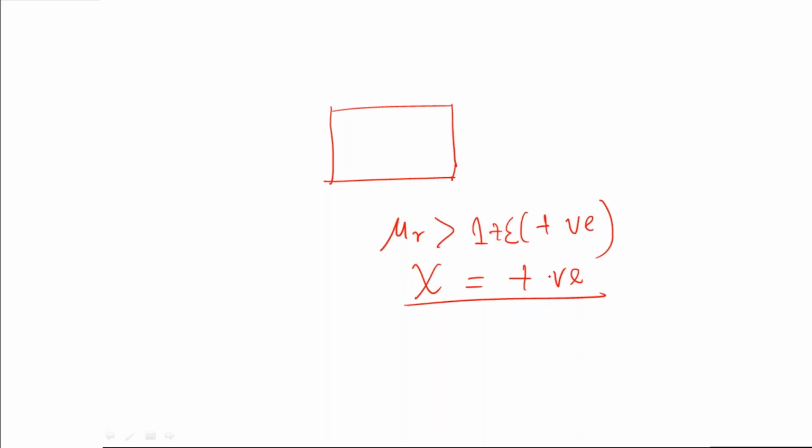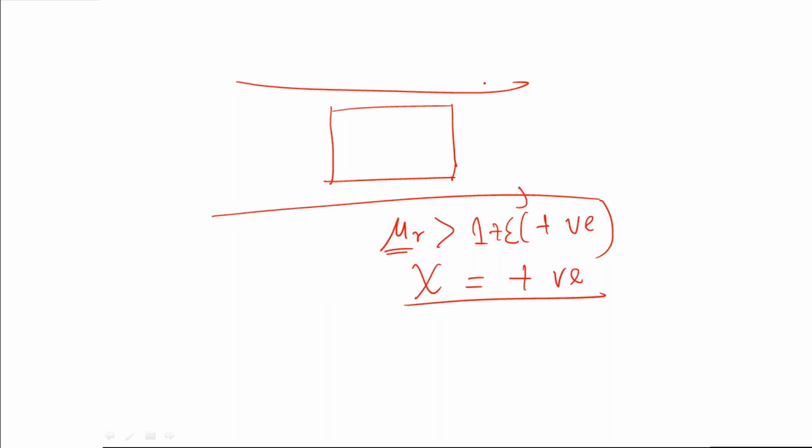Now I'll tell you one thing. In this case, the paramagnetic material has mu r greater than 1, and it is positive. Obviously chi also is positive, because mu r is slightly greater than 1. Chi positive means, and mu r is the relative permeability.